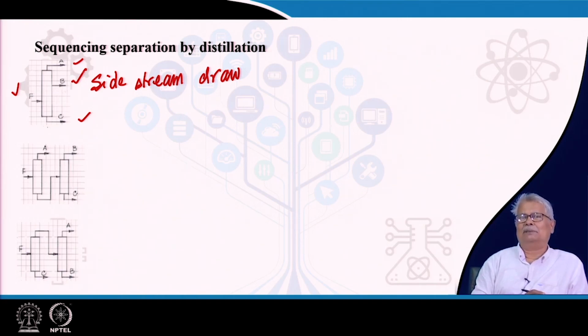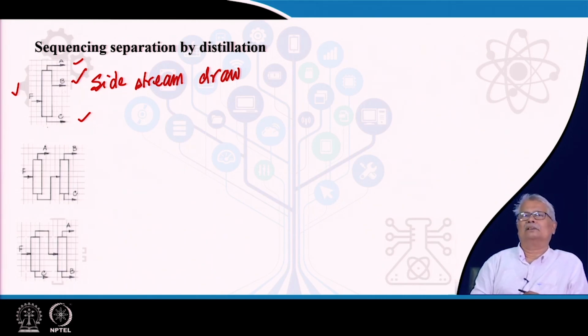It requires a little bit of in-depth knowledge of the distillation process itself. But in any case, we already have dealt with simple columns which produce only a top and a bottom product, and more or less a similar process can be used in case of these side stream draw columns.